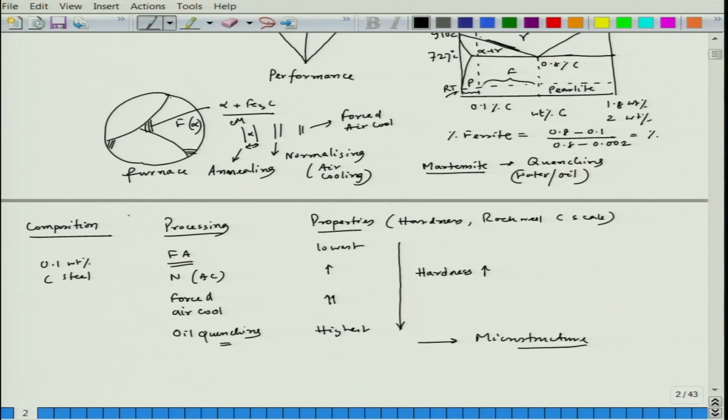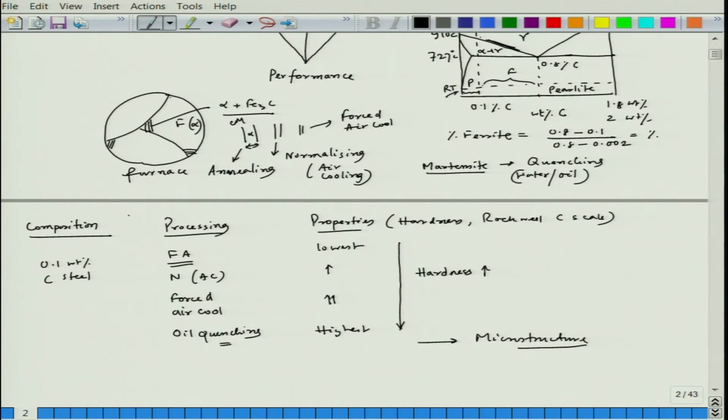And interestingly, each one would have a specific purpose. Okay. For example, a furnace annealed structure and a forced air cooled structure cannot be used for the same purpose. We have to choose accordingly. For example, if we consider this rebar or reinforced bar, they are mostly air cooled.